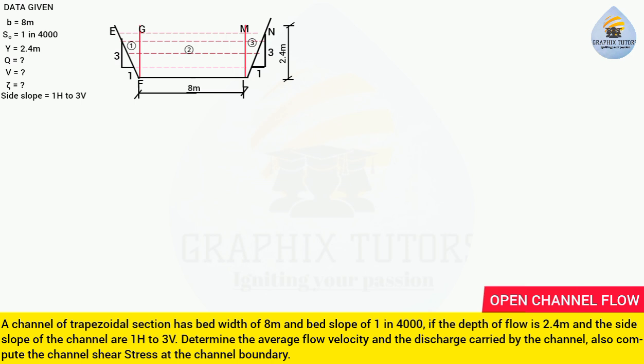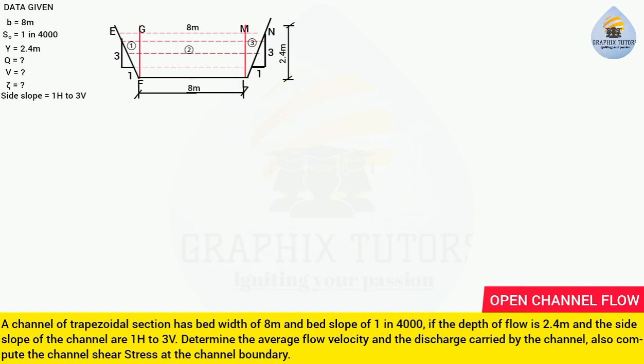You discover that FL is the same as GM, which is 8 meters altogether. Now, for me to get MN, the distance between M and N, I am going to use the ratio of the side slope times the height.